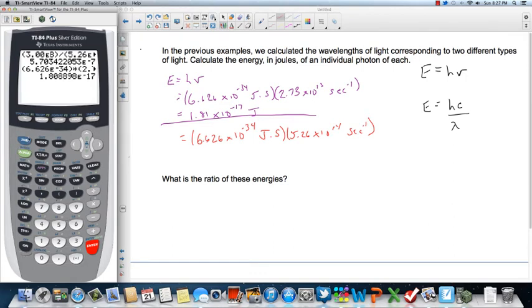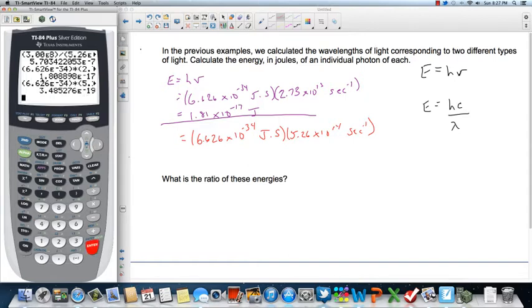I'm going to do a little cheating here. By using second entry, I've pulled up the exact previous entry, 6.626 times 10 to the negative 34th. Now we just need to change out these keystrokes to say 5.26 times 10 to the 14th.